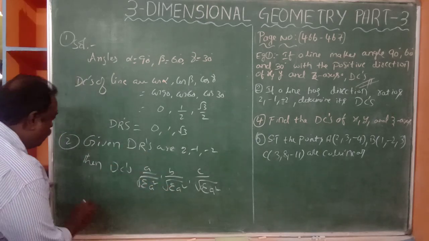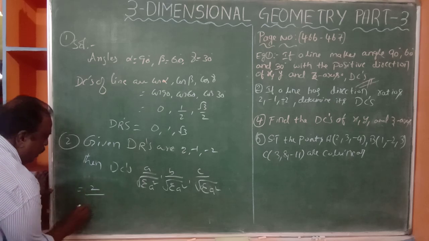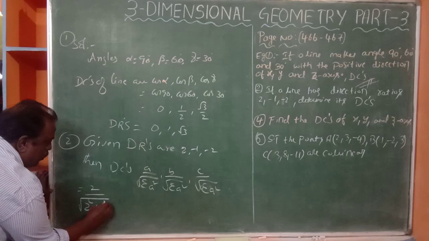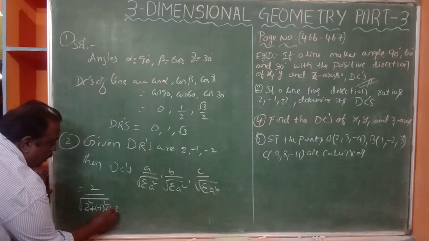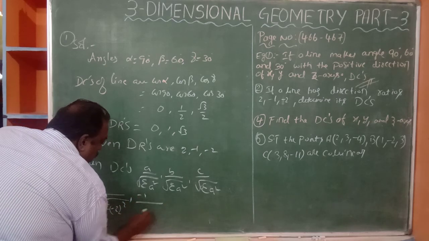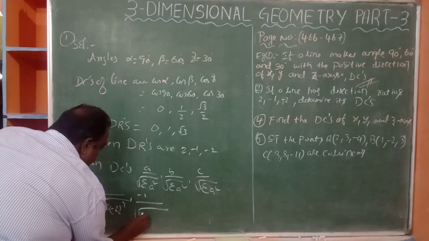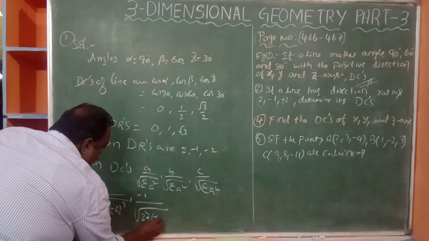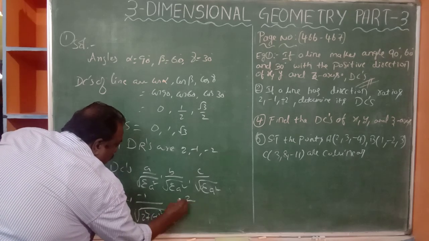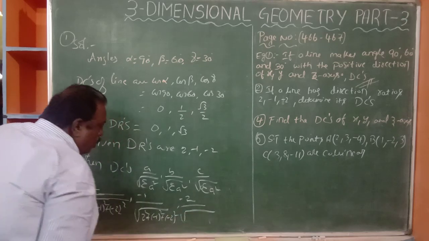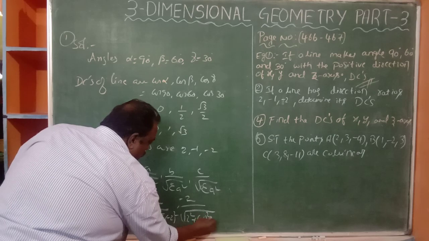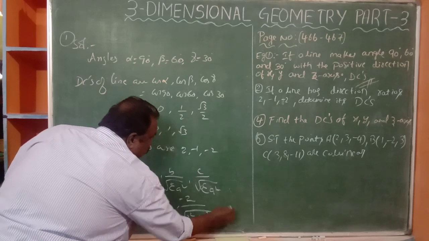So it is 2 by root of 2 square plus (-1) square plus (-2) square, minus 1 by the same, and minus 2 by the root of the same thing.